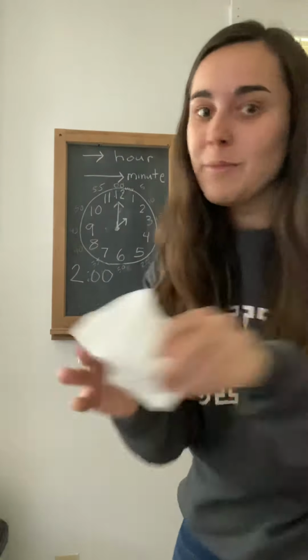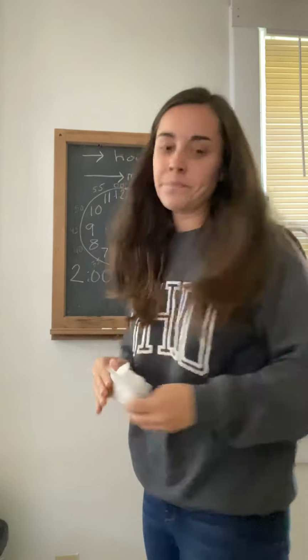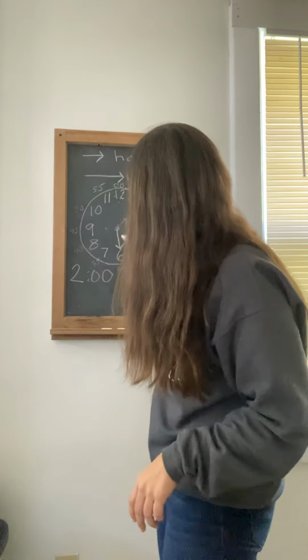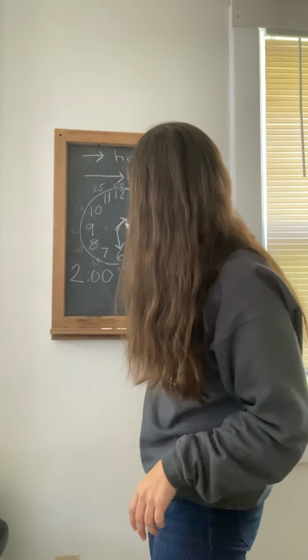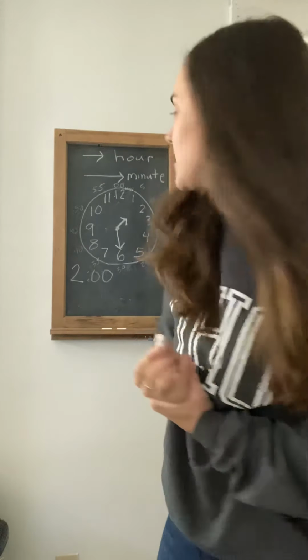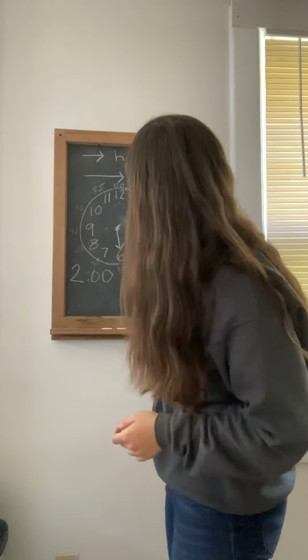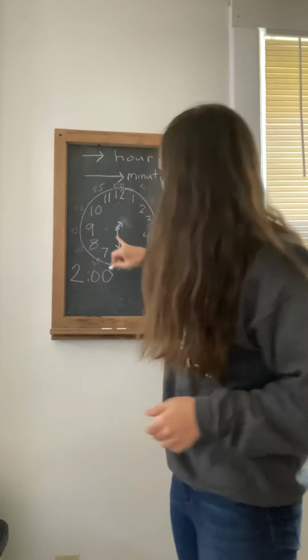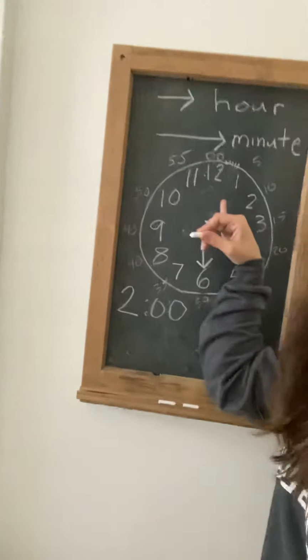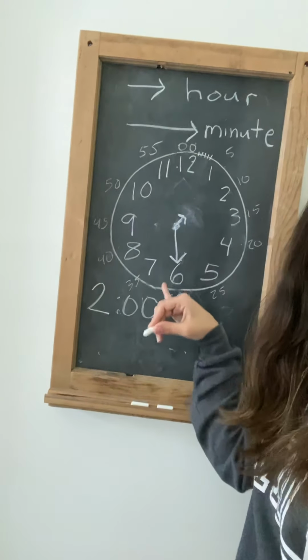So if I change my minute hand, I'm going to make it go down to the 6. But I'm going to keep my hour hand on the 2, but now my minute hand is on the 6. So I'm going to make this a little bit smaller so you guys know that that's my minute hand. So my hour is on the 2, and my minute is on the 6.